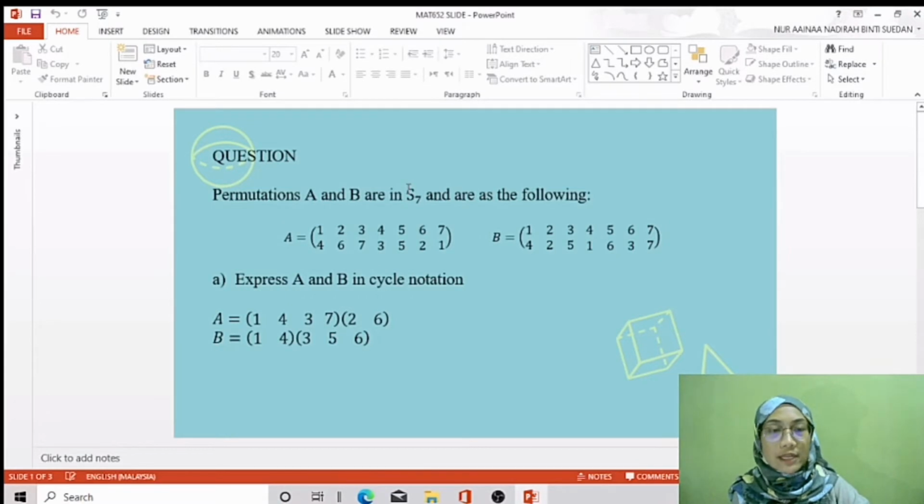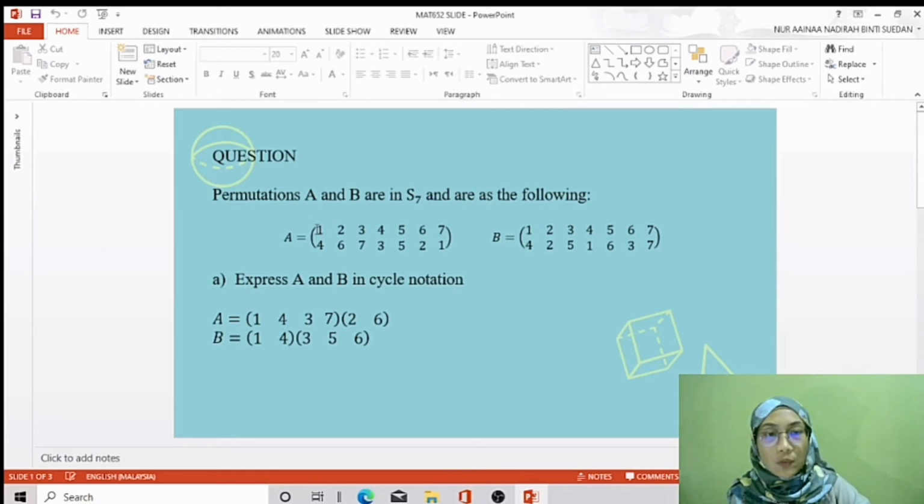I will show you some examples. Permutations A and B are in symmetry 7 and are as the following. So this is permutation A and permutation B. The question is, express A and B in cycle notation. Step from left to right.